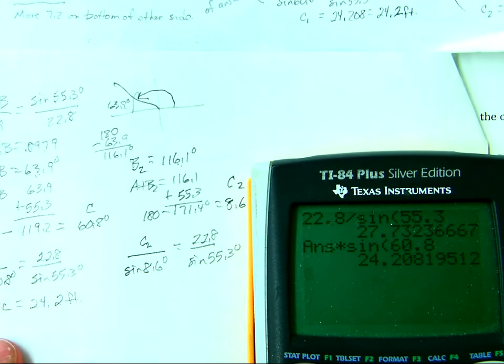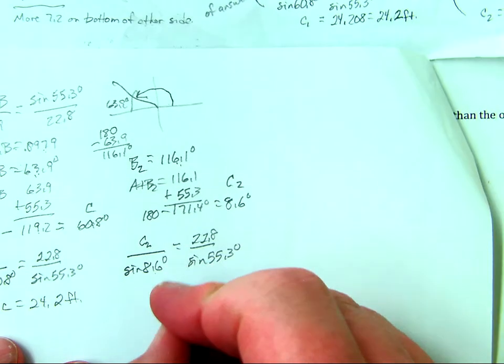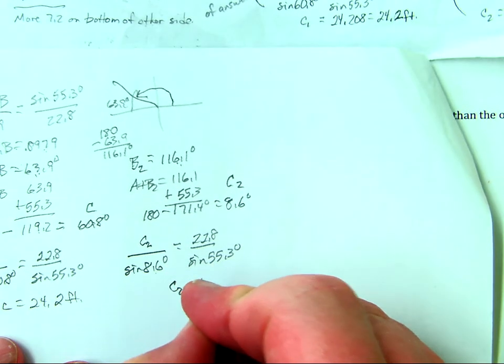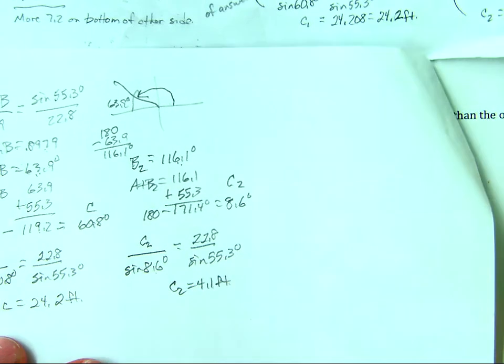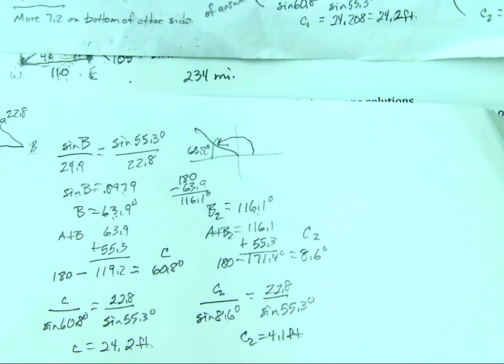So we divide 22.8 divided by the sine of 55.3. And we multiply that times the sine of 8.6. I get 4.146. So if we round it off to 4.1, 4.1 feet. That's our two sets of answers.